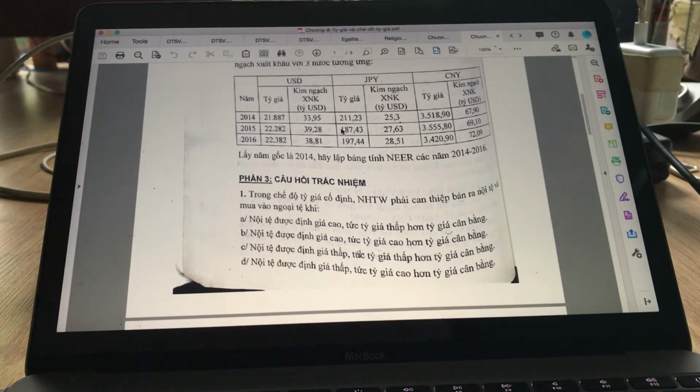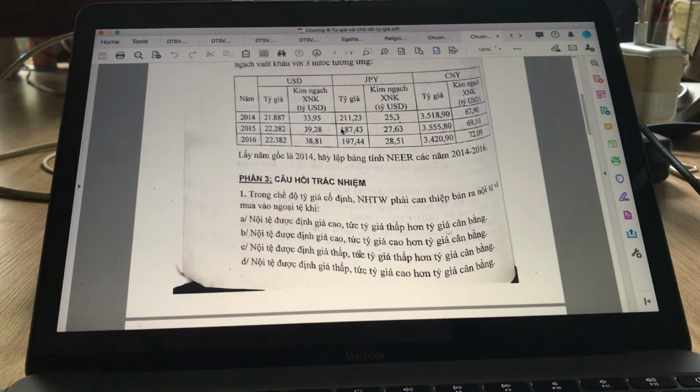So when we explain the way the central bank intervenes in the market, if the central bank decides to intervene by selling the domestic currency and buying the foreign currency, in this third question we analyze when the central bank has to do that.